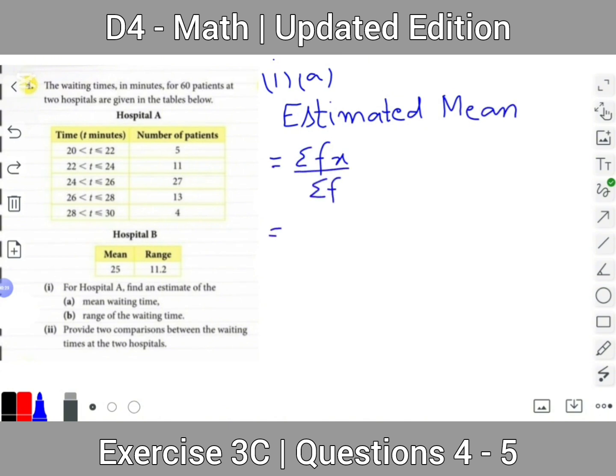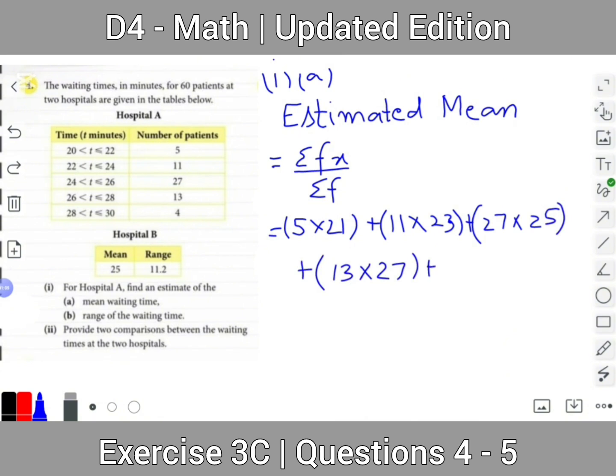So here we have 5 multiplied by 21 plus 11 multiplied by 23 plus 27 multiplied by 25 plus 13 multiplied by 27 plus 4 multiplied by 29, divided by the total frequency.